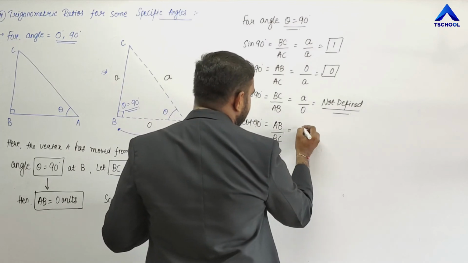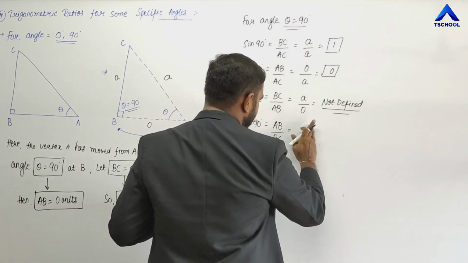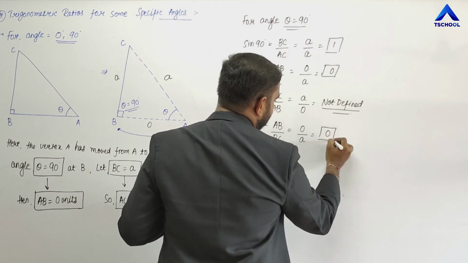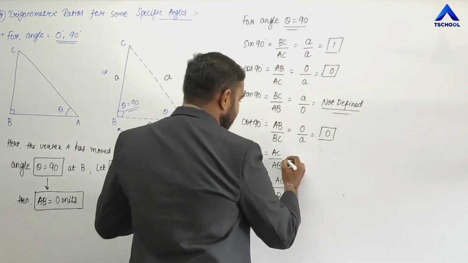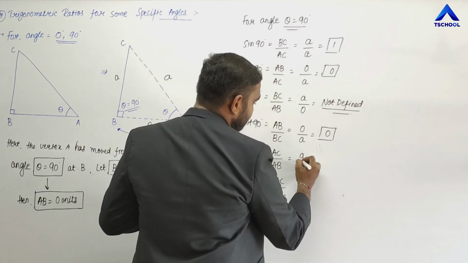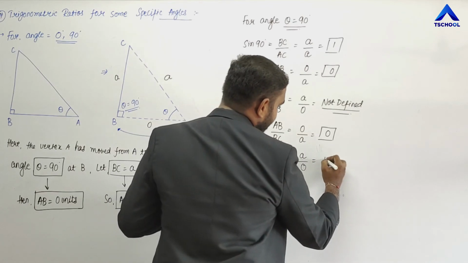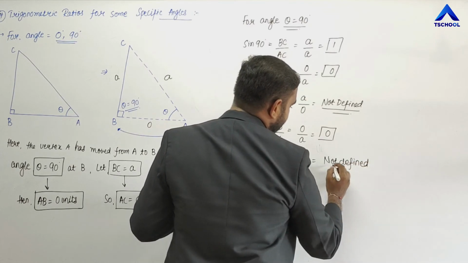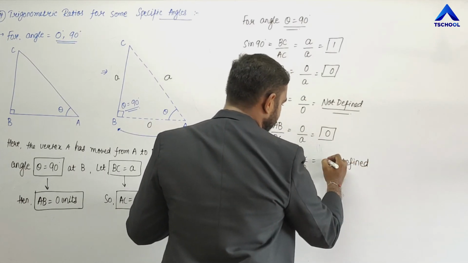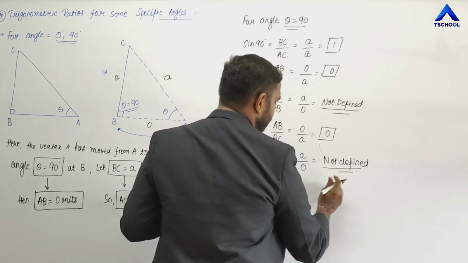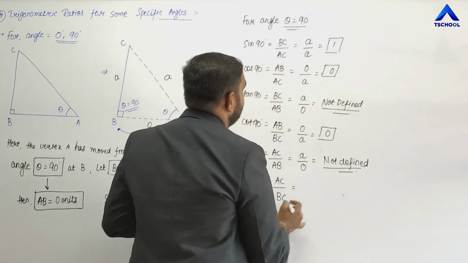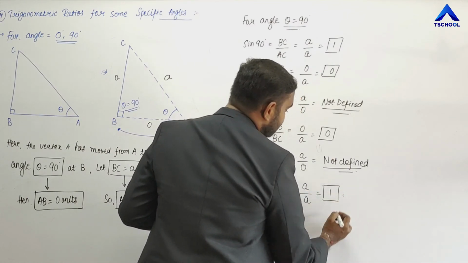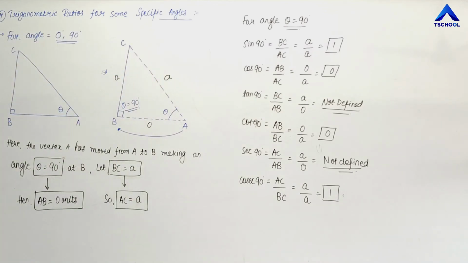Cot 90, reciprocal of this, that is 0 upon A, which is equal to 0. Then sec 90 is reciprocal of cos, which is A upon 0, which is again not defined. And finally cosec 90, that is reciprocal of sin 90, that does not make any sense in reciprocaling it, and hence that is equal to 1.